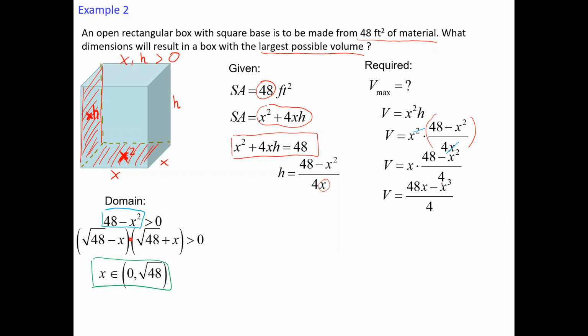And what we see now, it's not quadratic. Our function that we're trying to find the maximum, the absolute maximum, is the cubic function x cubed negative.